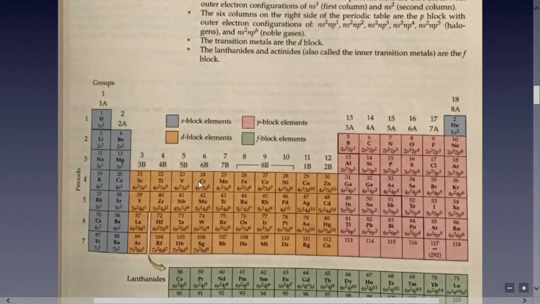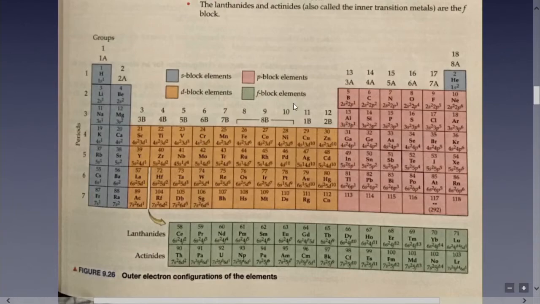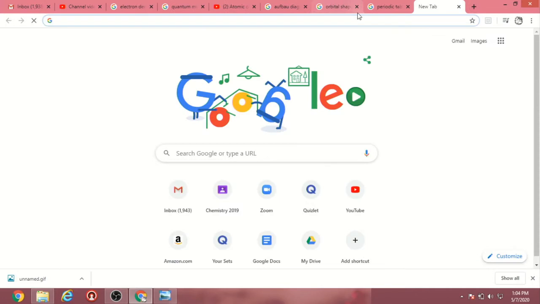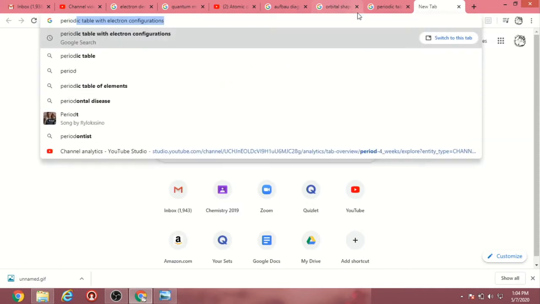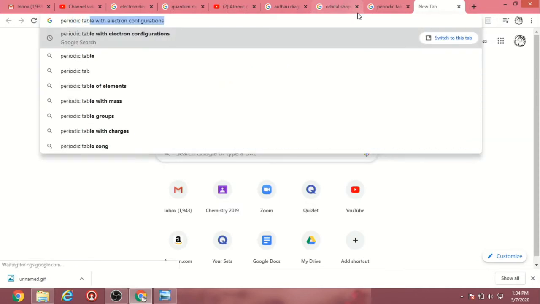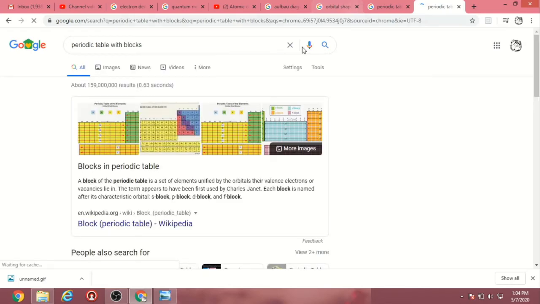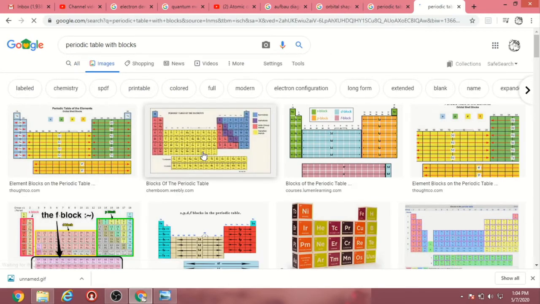Because I'd like for you to be able to refer to a periodic table that's like this, all right? But let's do this. If you Google periodic table with electron configurations or periodic table with blocks, how about this? Periodic table with blocks, then hopefully you'll get what I'm trying to tell you right now.